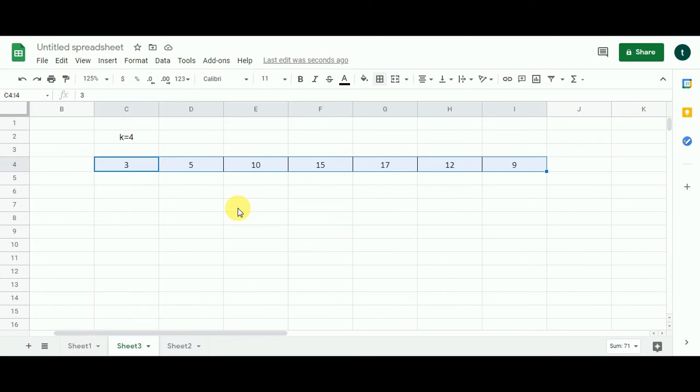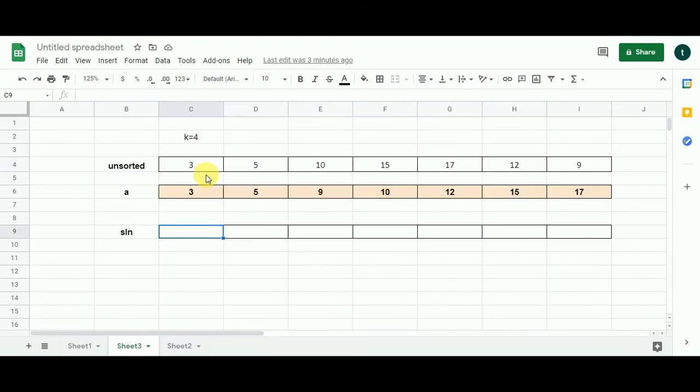So let's first sort this problem array. Okay, so now the array is sorted. All we'll do is fill this solution array over here. You can see it is of the same size as the problem array. We'll fill the first cell of the solution array with the first cell's value of the problem array, which is 3 in this case. This is the base subproblem.